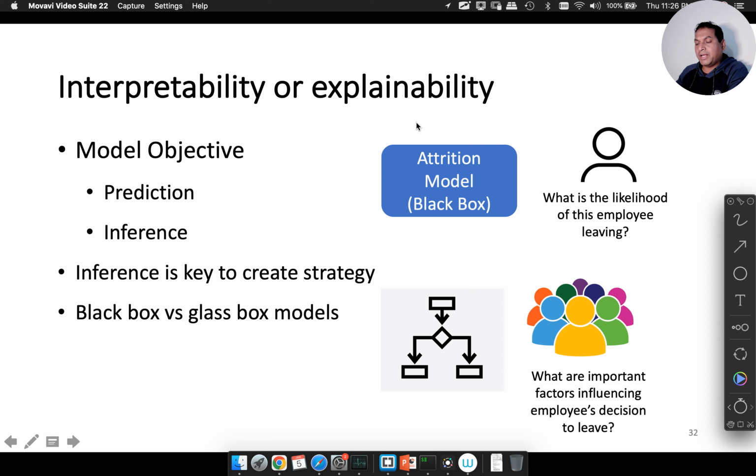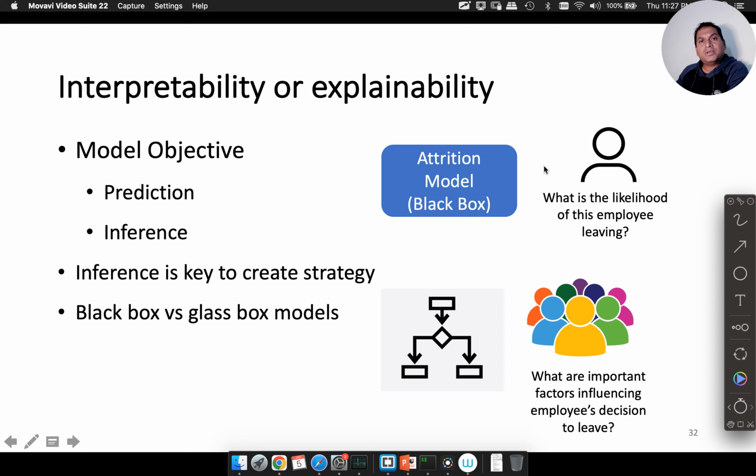For example, if you take the case of an attrition model, one way to use the model is to predict the likelihood of an employee leaving. If the model predicts a high probability, then HR can make an intervention and try to retain him or her.